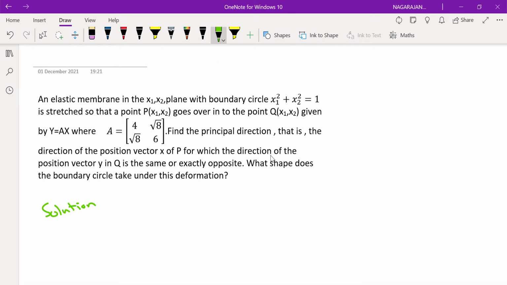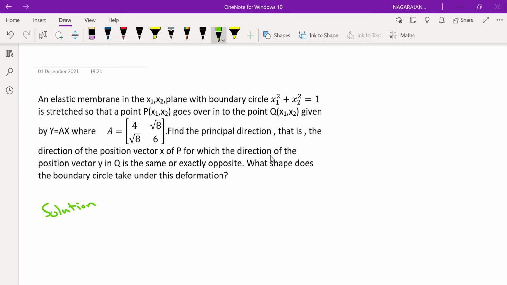So this problem: an elastic membrane in the x1 x2 plane with the boundary circle x1 squared plus x2 squared equal to 1 is stretched so that a point P of x1 x2 goes over into the point Q of y1 y2 given by y is equal to Ax, where A is [4, square root of 8; square root of 8, 6].